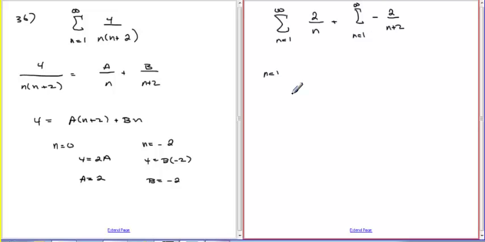So you'd have 2 over 1 minus 2 over 3. That's the first term, putting n equals 1 in here. For n equals 2, I get 2 over 2 minus 2 over 4.